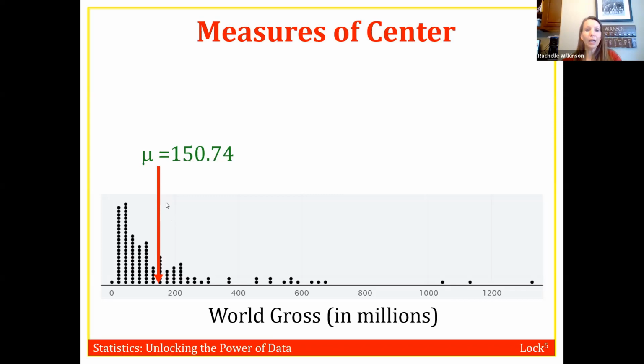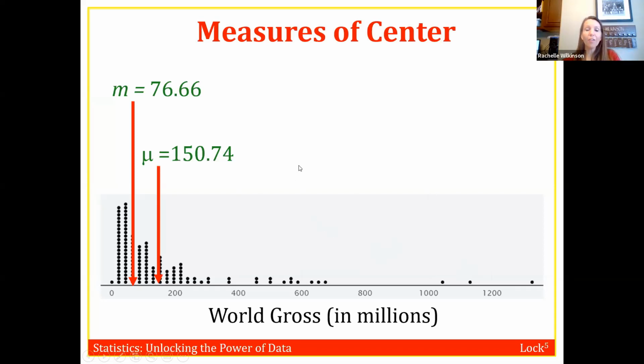So the mean of this data was $150 million, but the median was $76-ish million. So you can see there's quite a big difference between the mean and the median for this data set because of those giant outliers. And you can see how much those outliers are really pulling things down towards them.